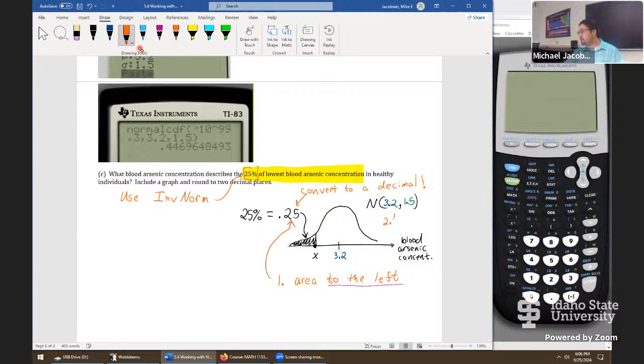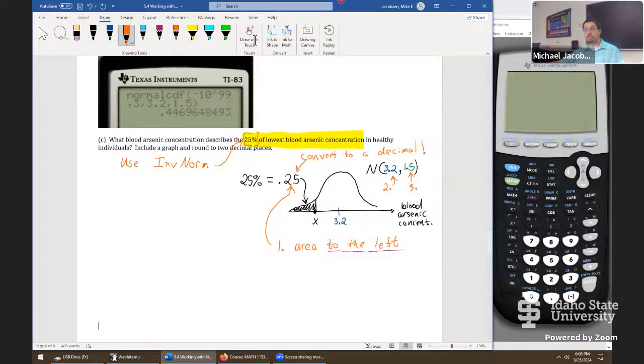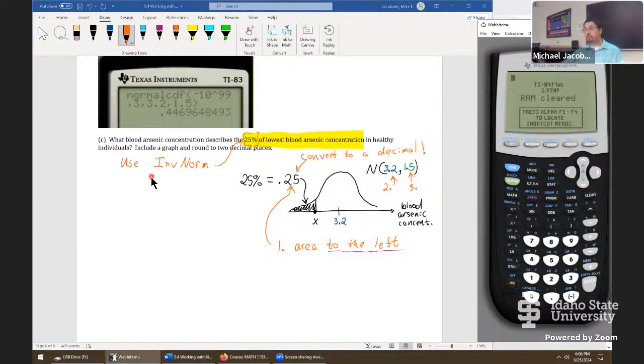And finally, input 2 is the mean. Input 3 is the standard deviation. So that gets us started. But this is our first time using inverse norm, so let's show in the calculator what this would look like. Whether you're using inverse norm or normal CDF, it always starts off the same. Hit the second key, hit the vars key, and then pull up the right function. So for this problem, you need inverse norm here.